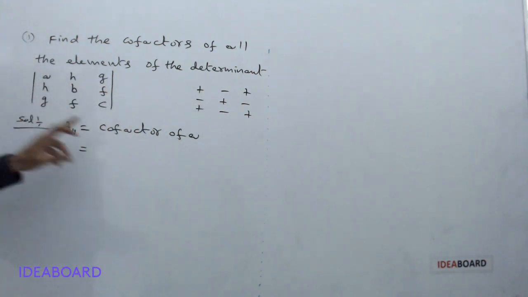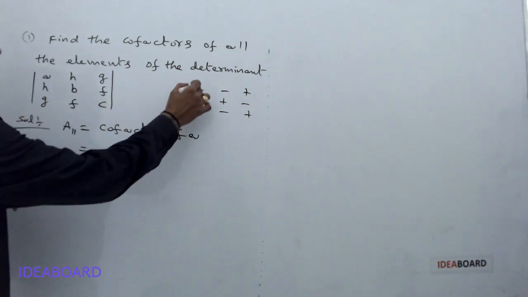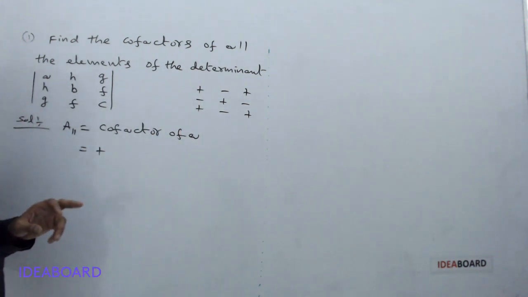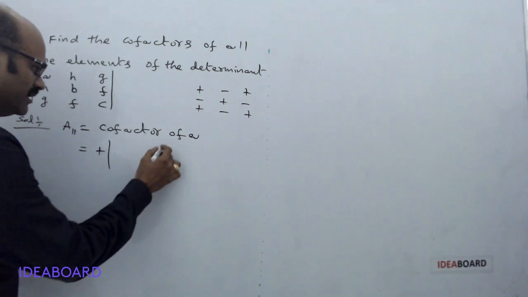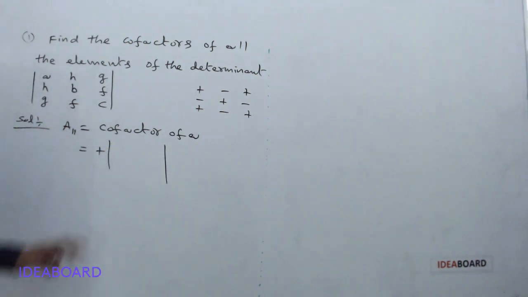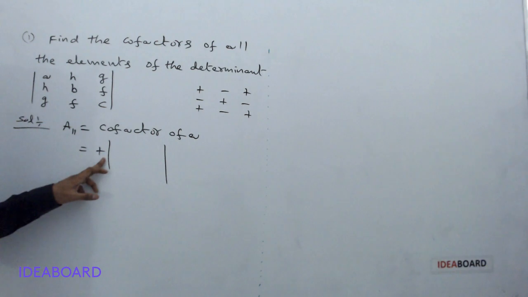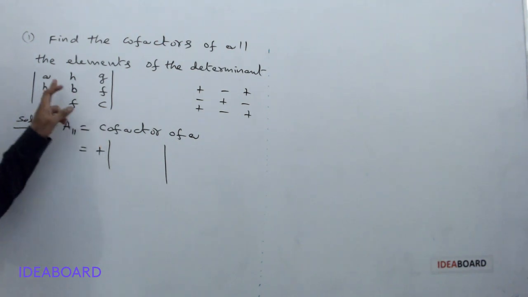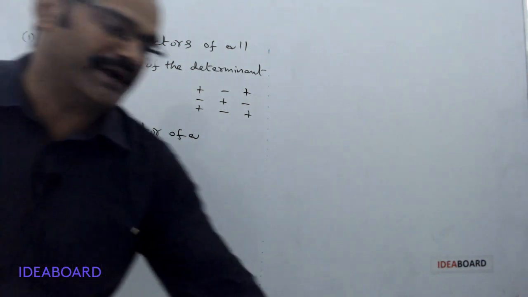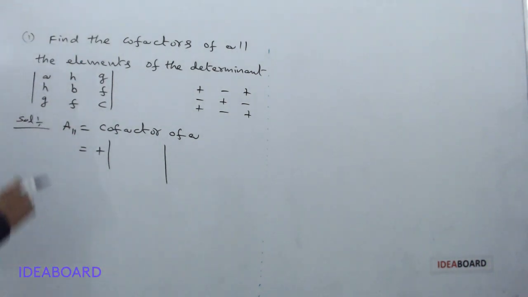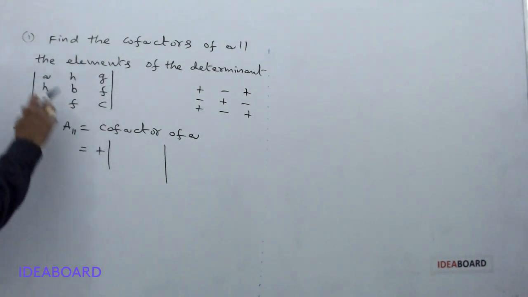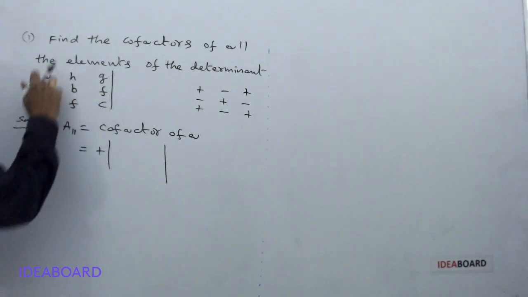So here cofactor of A is always equal to, first you take the sign plus determinant of, this is nothing but minus 1 whole power 1 plus 1. Minus 1 whole power 1 plus 1 equal to minus 1 whole power 2. Minus 1 whole power 2 equal to plus 1. Into, we should write minor of A. Now here we have to identify in which row the element A lies. The element A lies in first row and first column.